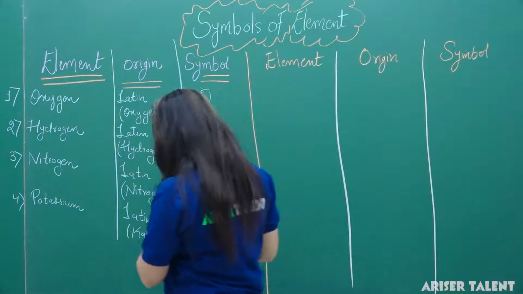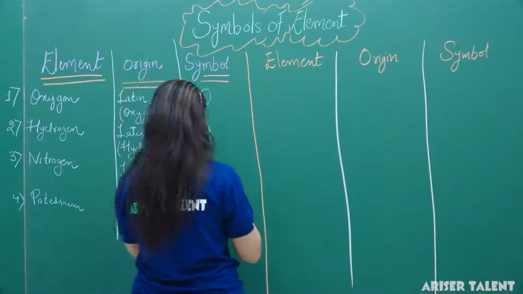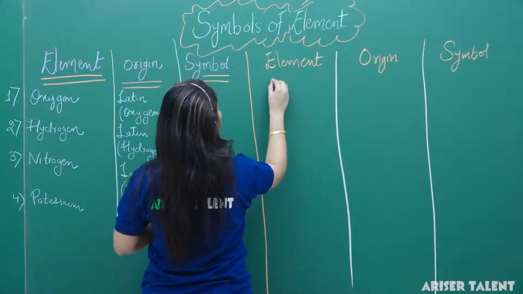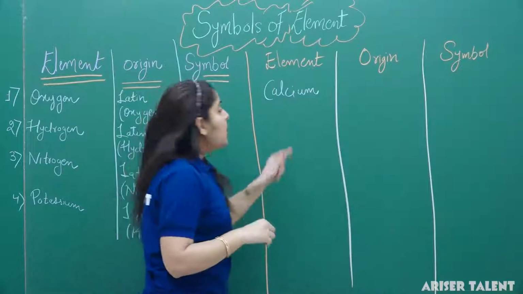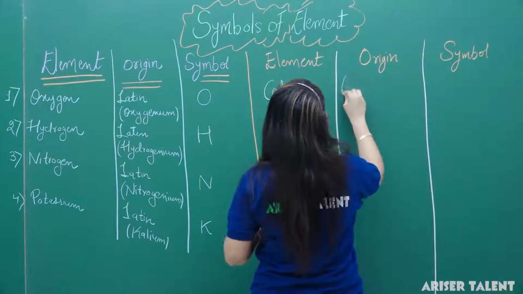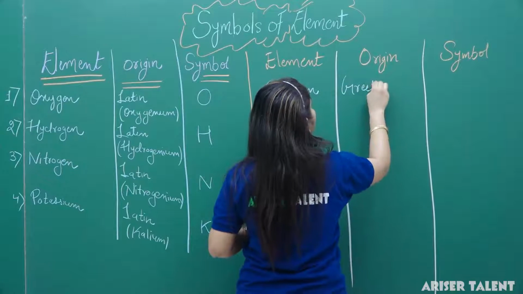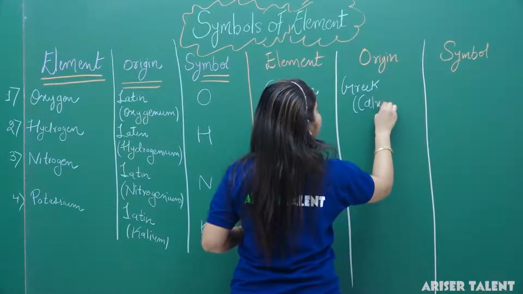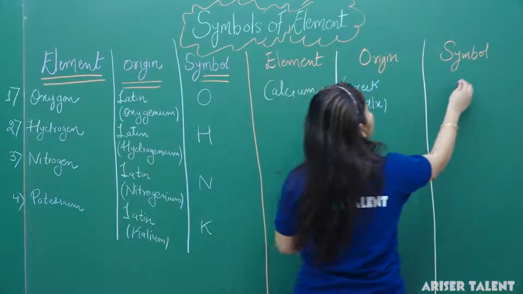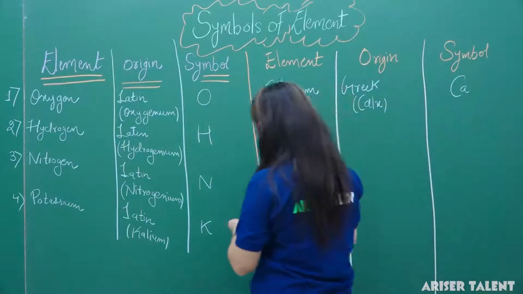So the fifth element we have is calcium. Calcium has an origin of Greek. It is taken from a word calx, and the symbol for this element will be Ca.